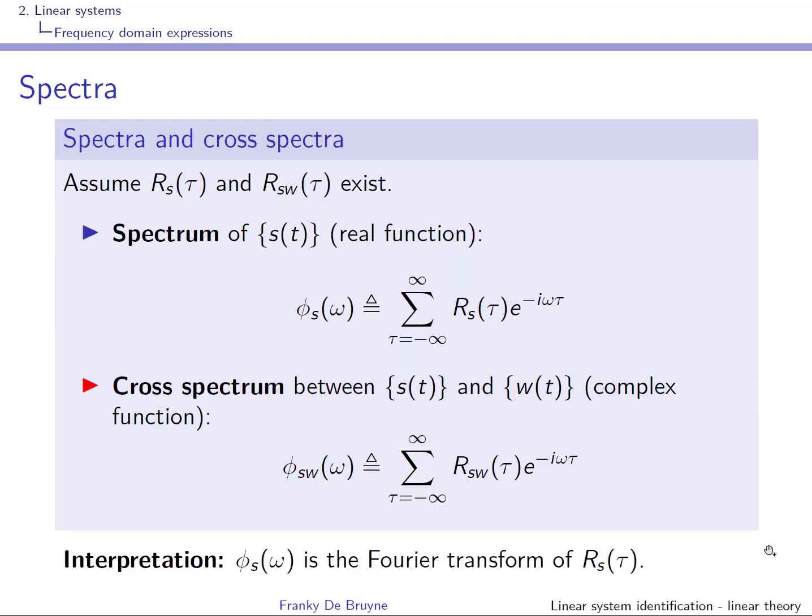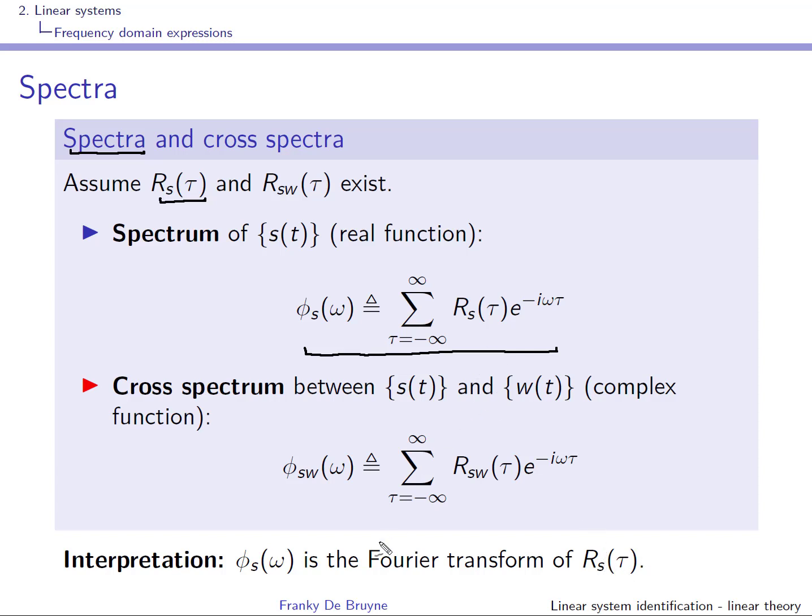Assuming quasi-stationary signals, you can define what is called the spectrum of a signal, and it's defined from its autocorrelation function, and here is the formula. You might remember from your course of signals and systems that the spectrum is the Fourier transform of the autocorrelation function.